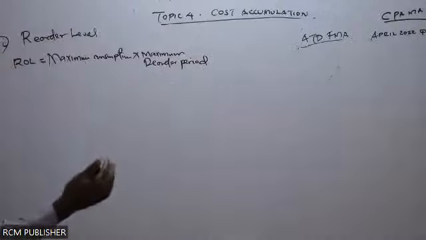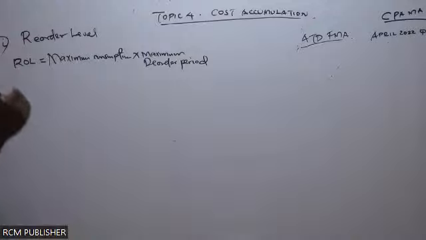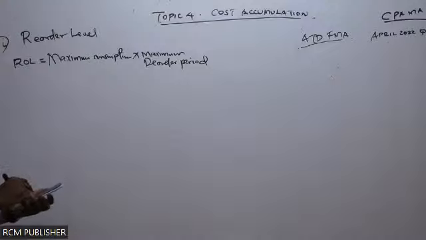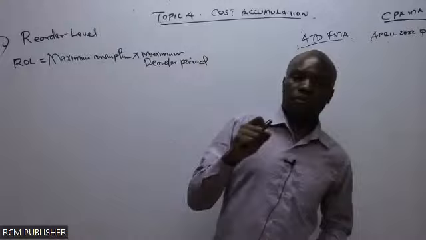That is maximum lead time, the time you take between placing an order and the time that you receive the goods into your premises. That is what we call the reorder level.